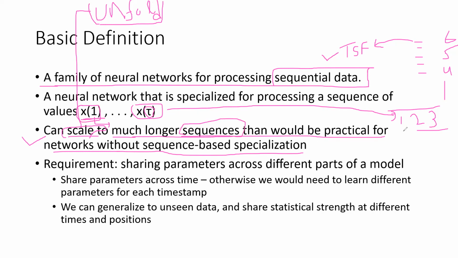For example, in the case of the words, here I said that I will input 3 words, but I can also input 100 words. I can just input 100 words and make a prediction for the 101st word. That's also possible in the recurrent neural network.